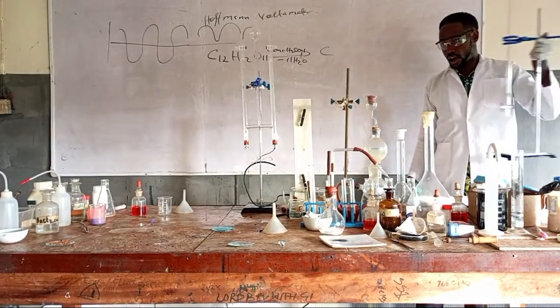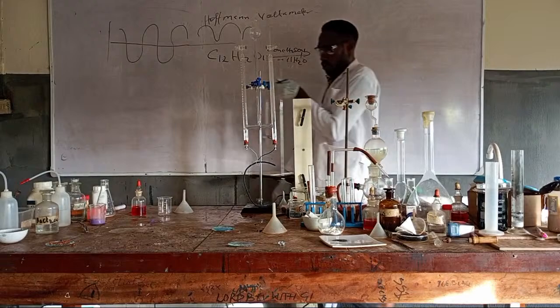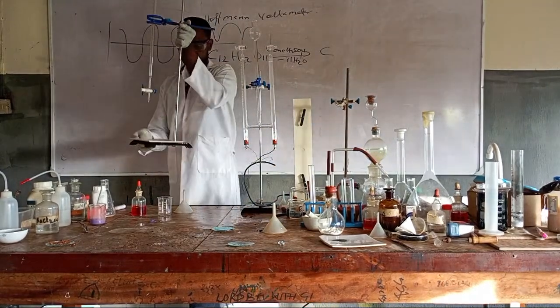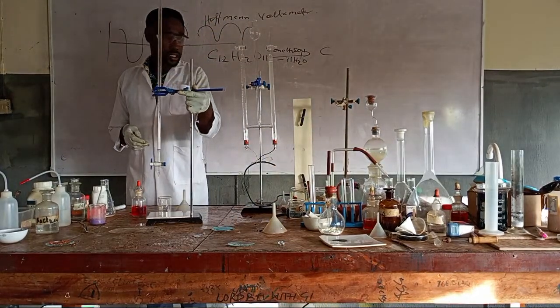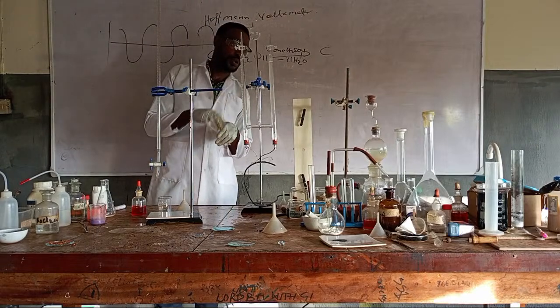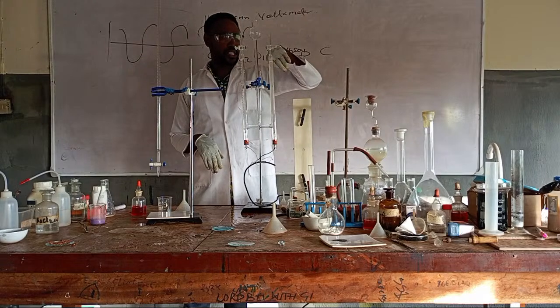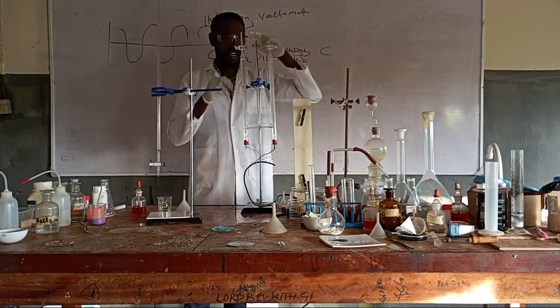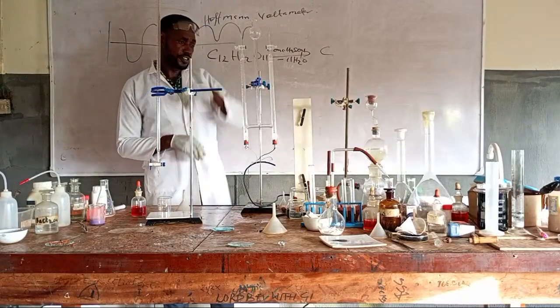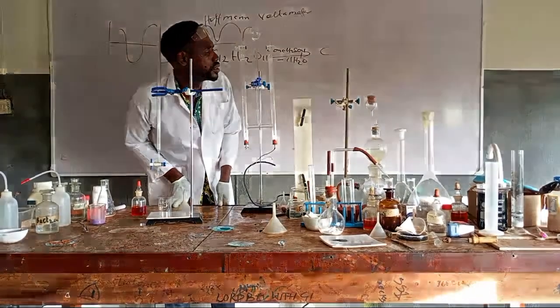Because this Hoffman is not all that strong, at a level it will stop the production. So if you check the reading here, if all things being equal, that's why it's calibrated. If here is 4, here will be 2. But I didn't fill them equal in the beginning.